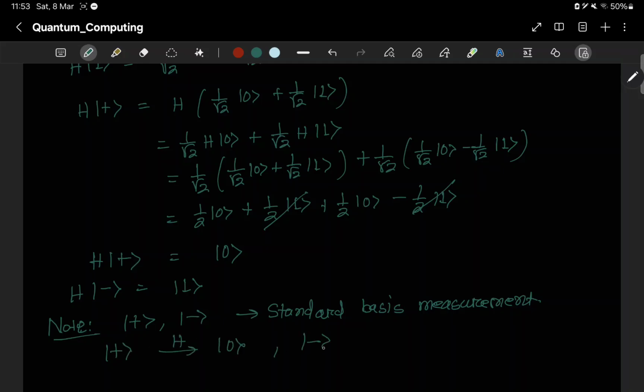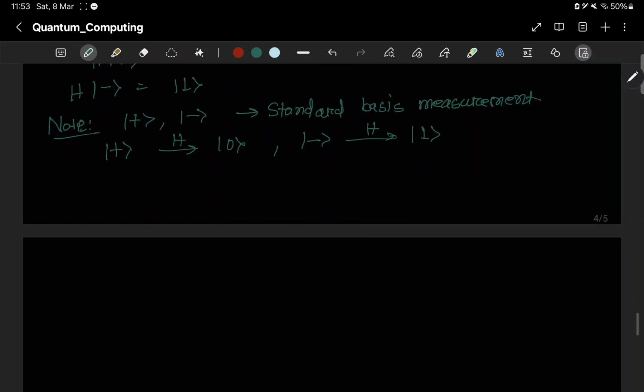And let's say you have a minus state and you apply a Hadamard operation and you get a one state. Now if you do the measurement after applying a Hadamard on the states, then you will be able to distinguish between these two states, because this will give you 0 and this will give you 1 with 100% certainty. So that's a useful thing about the Hadamard operation.